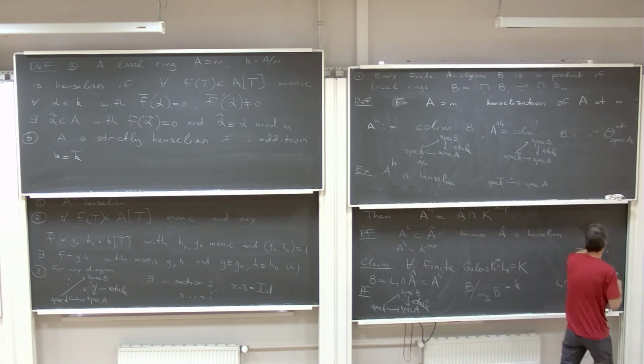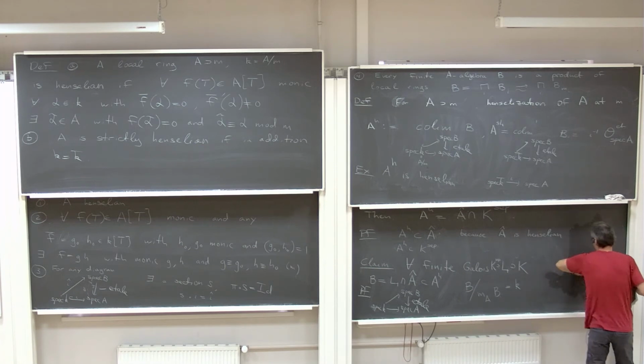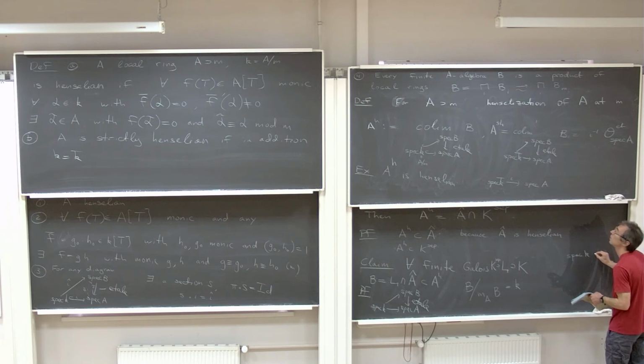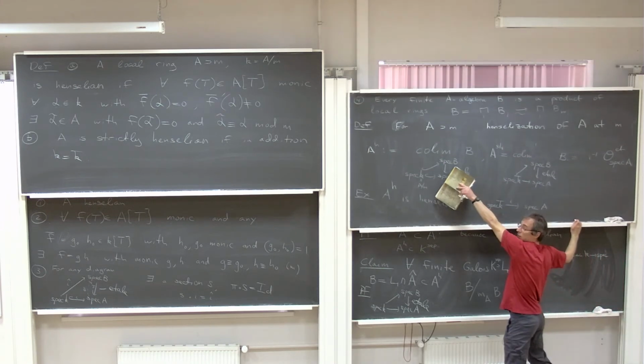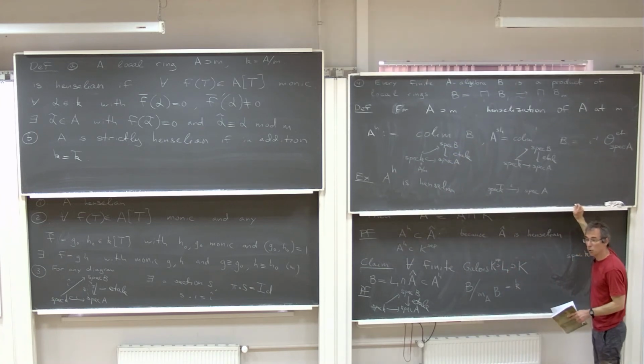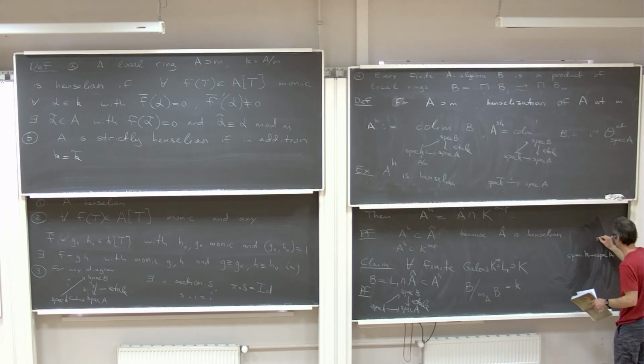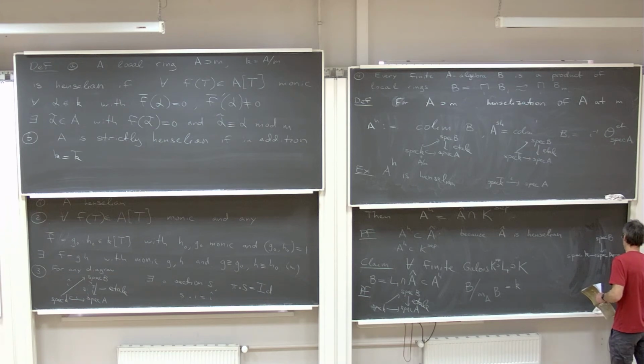So let's see. We fix this map, and it determines everything for us. We fixed the point in B. Okay, so here I have Spec A hat, and now I take the fiber product.